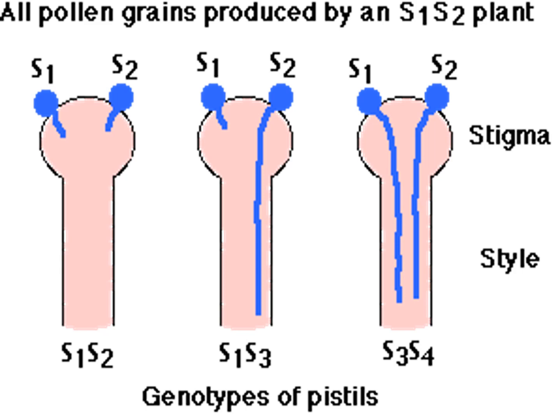And the one that has S3, S4, both of them are growing and they do fertilization. So in this case, no homozygous plants will be produced. There is no S1, S1 or S2, S2 or S3, S3. All of them will be heterozygous plants.